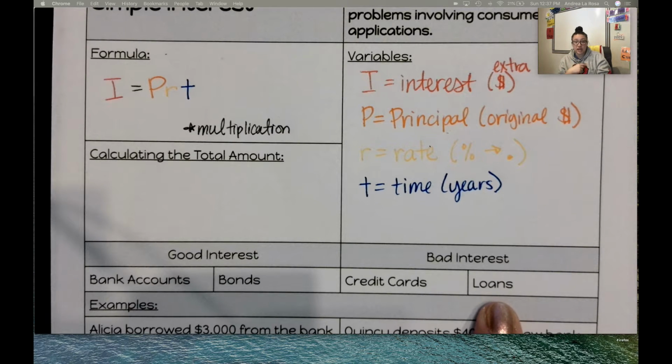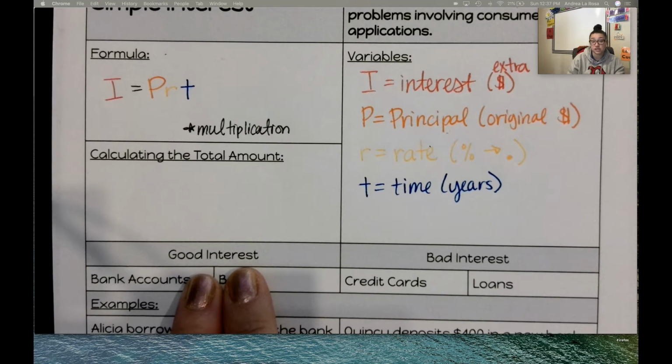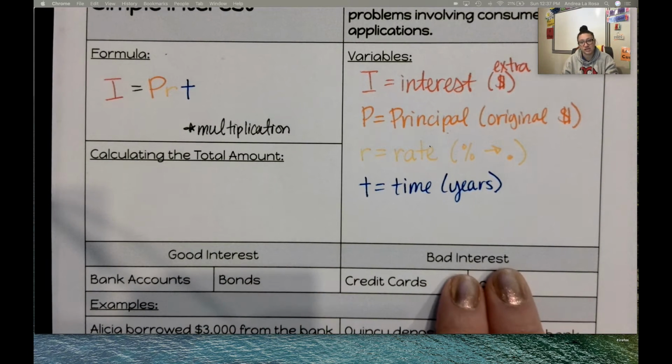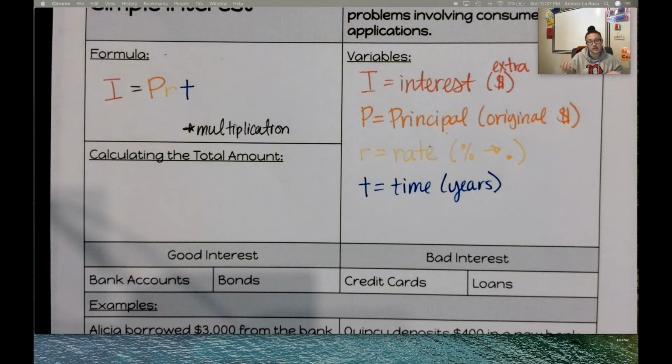Or maybe I took out a loan to buy my car because I don't just have $30,000 laying around. So I borrowed money from the bank and I have to pay them back that $30,000 plus some extra money because they let me borrow it. So sometimes interest is good and sometimes interest is bad. It just depends on the situation.